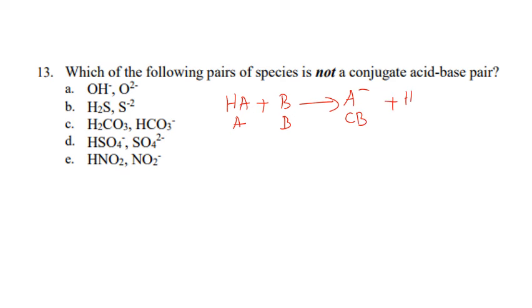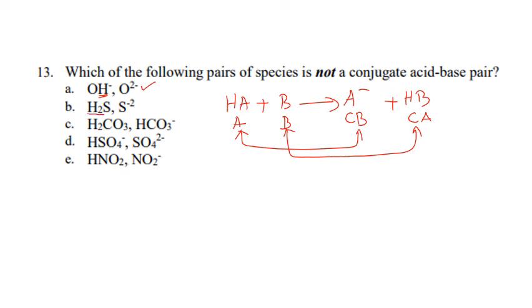And HB plus, we are adding that hydrogen, so this is going to be the conjugate acid. So we have to pick either this way or these two for the conjugate acid-base pair. In this case we can see that we have hydrogen here, it is removed and it is forming O2 minus. So that is a conjugate acid-base pair.